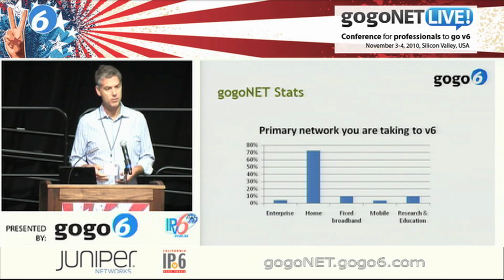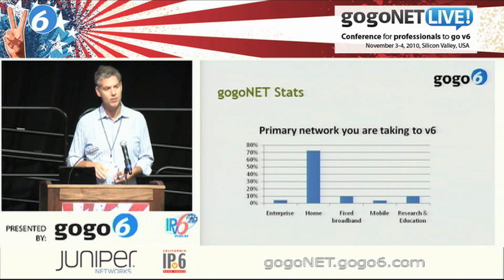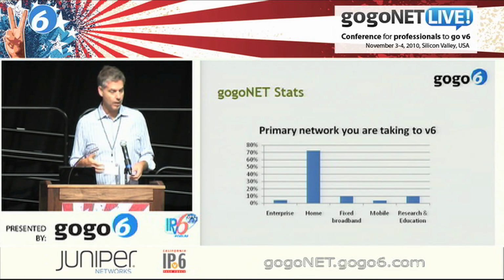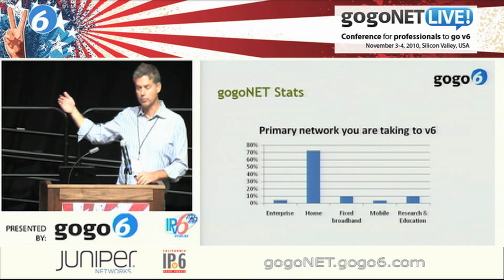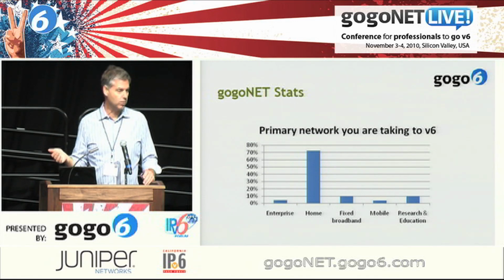Therefore, if you break this the other way and you take out the students, around 75% of our members are working at home, building their IPv6 networks at home, and I'm sure this resonates with a bunch of people in this room. They're building at home because they haven't yet been given the opportunity or the permission to work on IPv6 at their workplace.